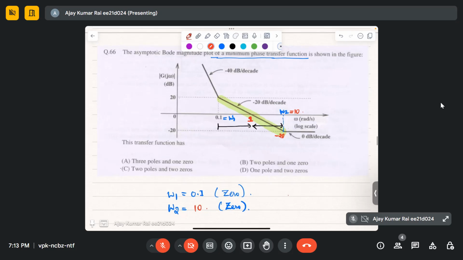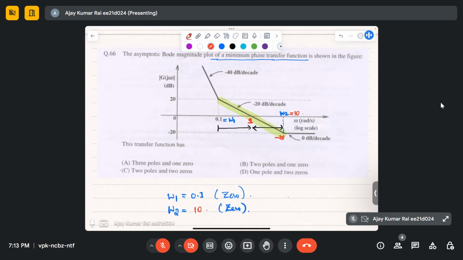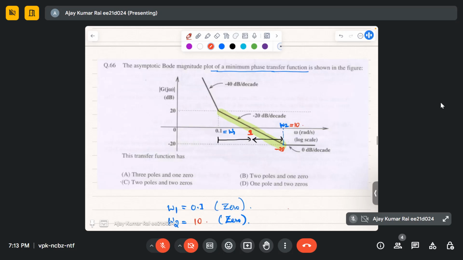But the original question was to find the poles and zeros. We know we have two zeros. Let's also consider the initial slope. The initial slope is minus 40 dB per decade. What does this convey? The poles at origin.